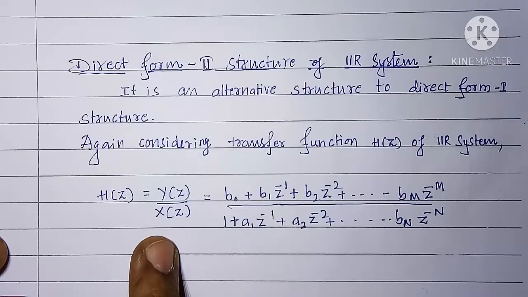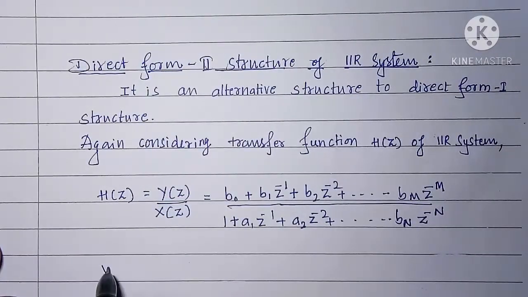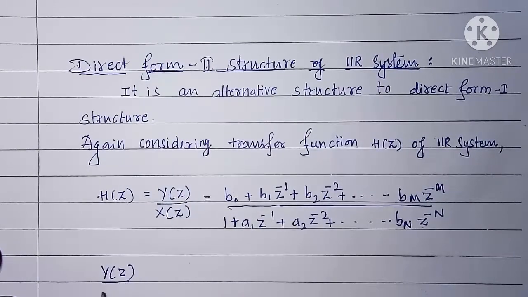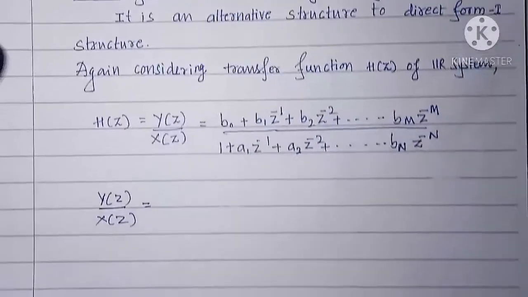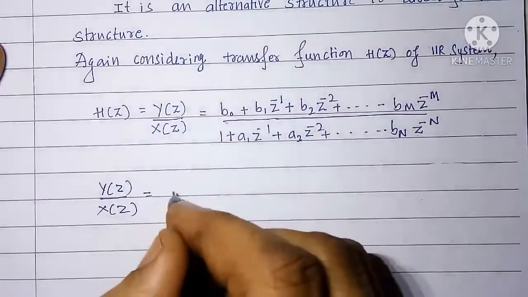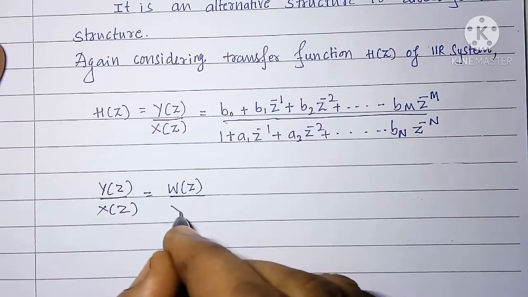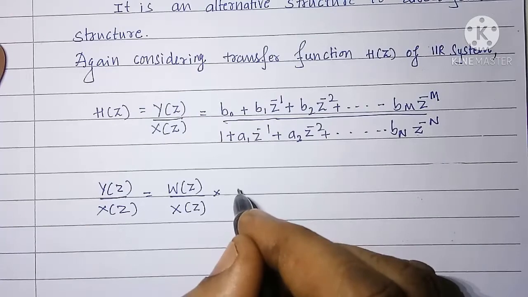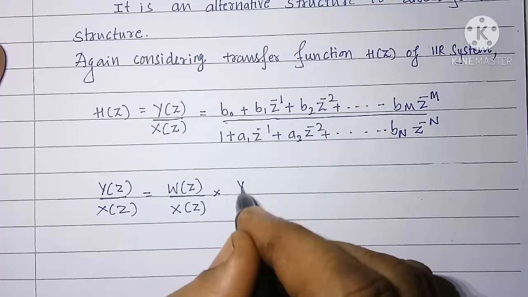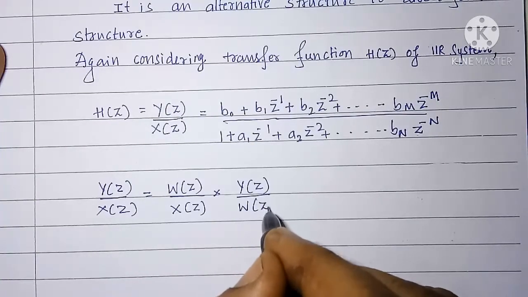Now we will write Y of z upon X of z as W of z upon X of z into Y of z upon W of z.